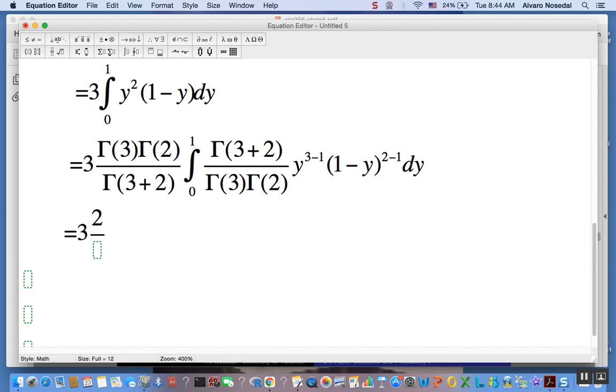Then gamma of 2 is just 1 factorial, and gamma at 5 is going to be 4 factorial.